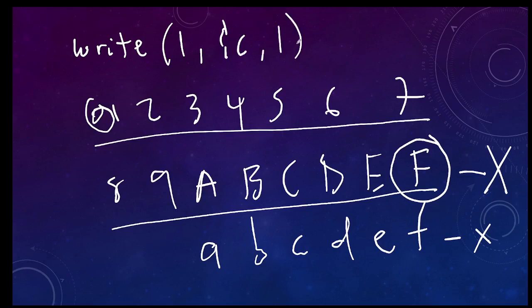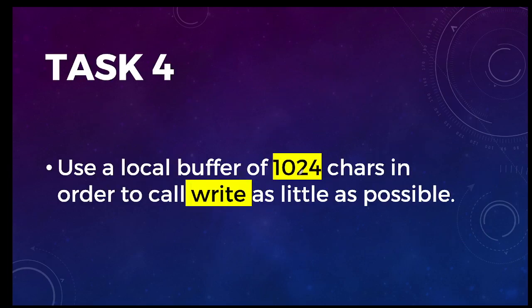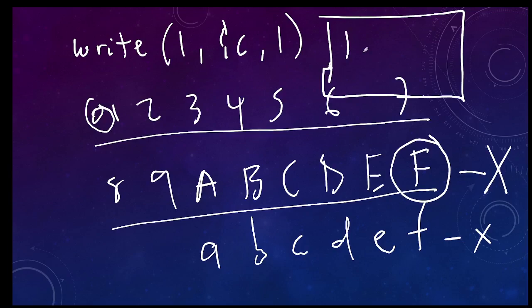Now, instead of calling the write function whenever you want to print text to the standard output, you're going to declare a buffer, which is going to be like a box, like an array of characters. The capacity of that array is going to be 1024, so this buffer can hold 1024 characters. And then when the buffer gets full, you just empty the buffer with a write function to the standard output. Very simple and straight to the point as well.